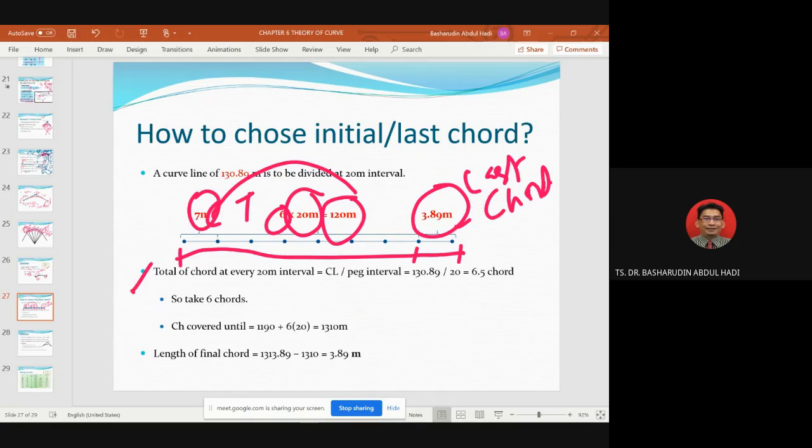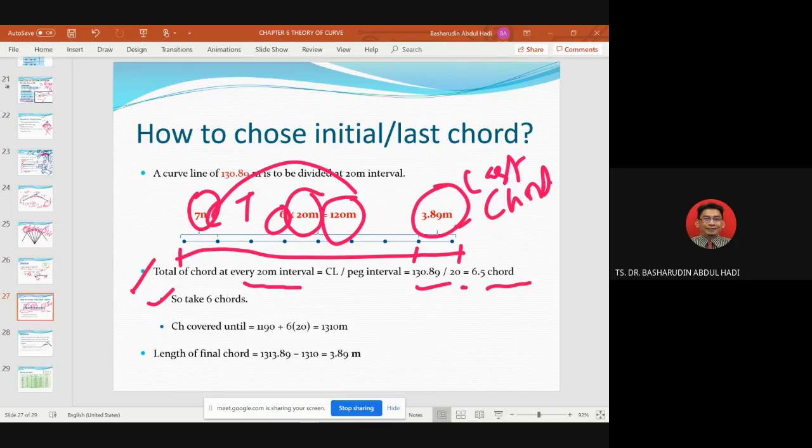Okay. Total chords at every 20 meter interval equal the curve length divided by the pack interval. So you get 130.89 divided by 20, which is 6.5 chords. So take 6 chords.